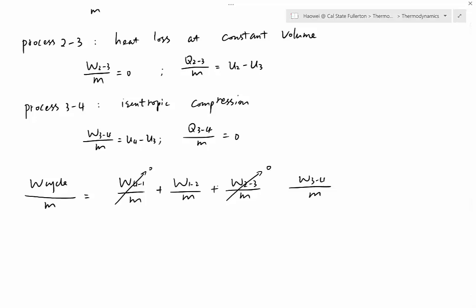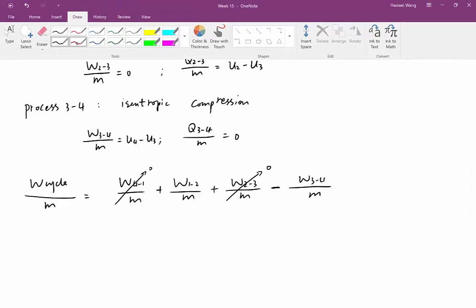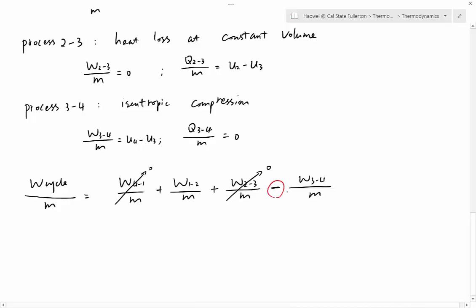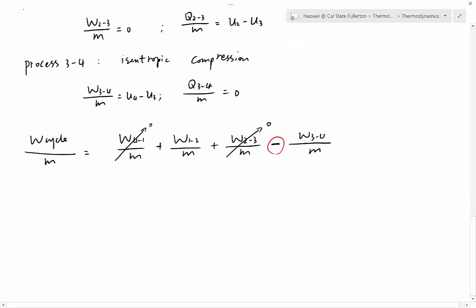And then the last one, W34. Process 3-4 is an isentropic compression process. So that means you compress the gas. If the gas gets compressed, that means the gas consumes work. If the system consumes work, the work should be negative. So that's why the sign here should be negative. Be careful here. All right, so what is left is W12 and W34, and we do have an expression for each one of them.